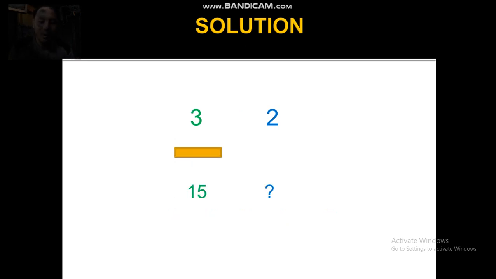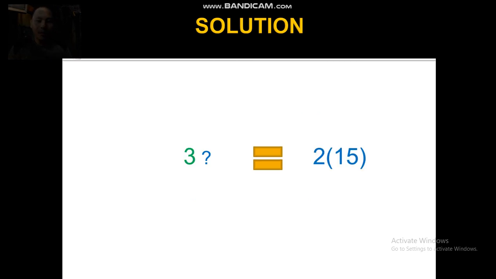So this is another proportion. Let us multiply the question mark by 3 and multiply 15 by 2. So we have this equation. Solving for the question mark, let us divide both sides of the equation by 3. And that gives us the question mark equals 10.